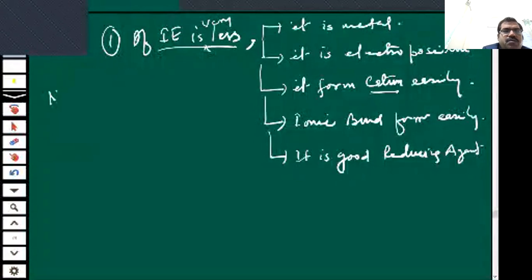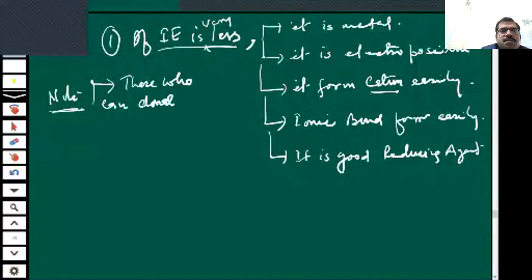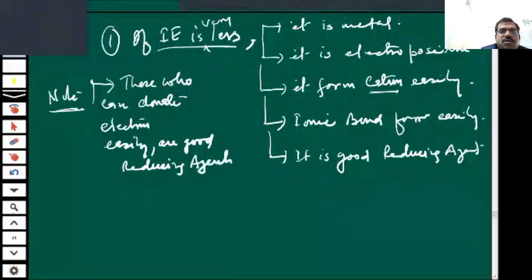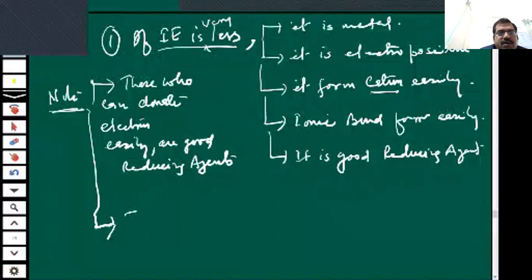I will tell you, those who can donate electrons easily are good reducing agents. You simply learn this fact. In future, we will use this fact.